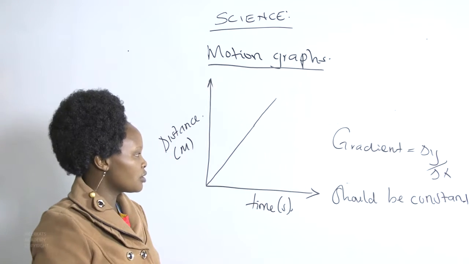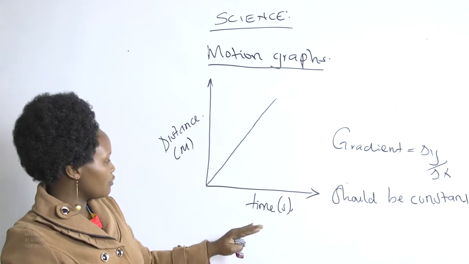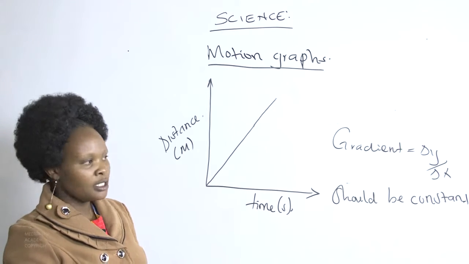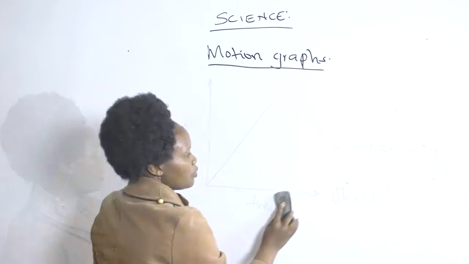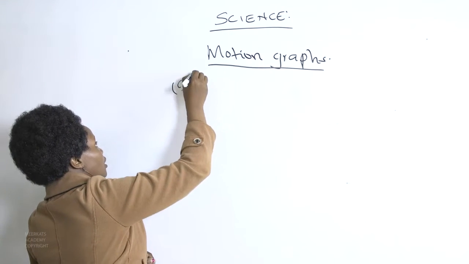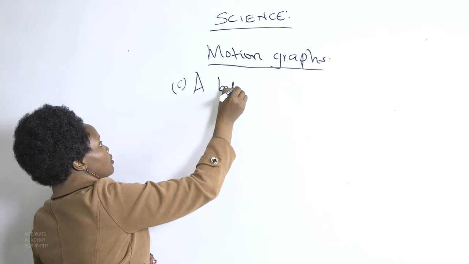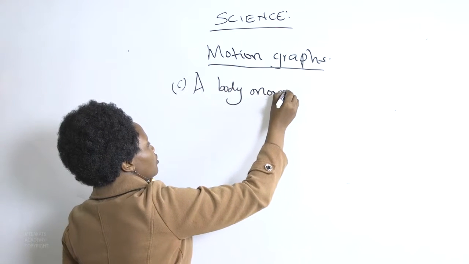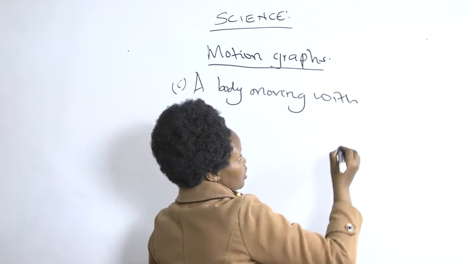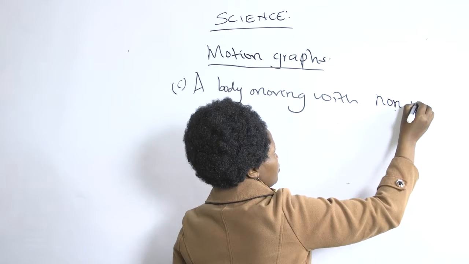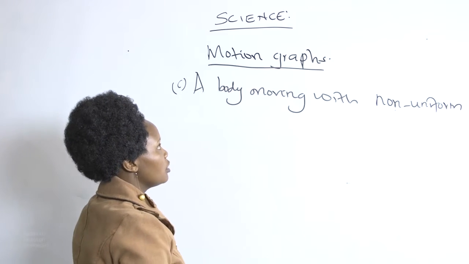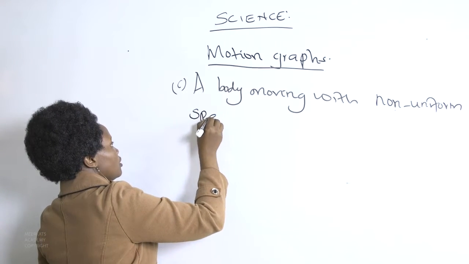And this one shows that at equal intervals of time, this body covers equal distance. We could have a graph of a body moving with non-uniform speed.